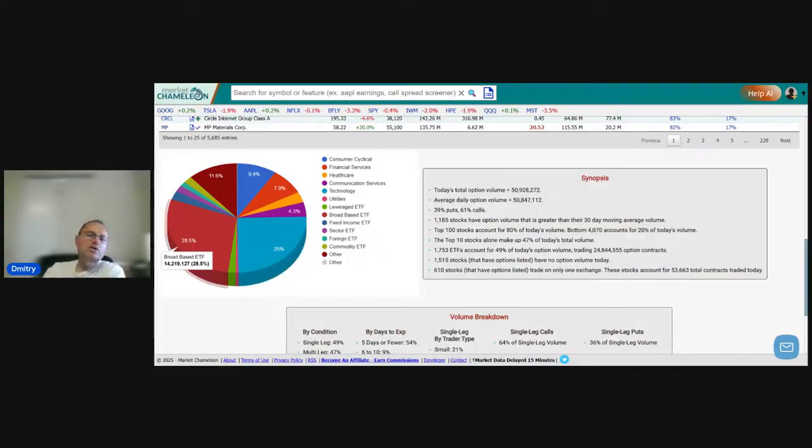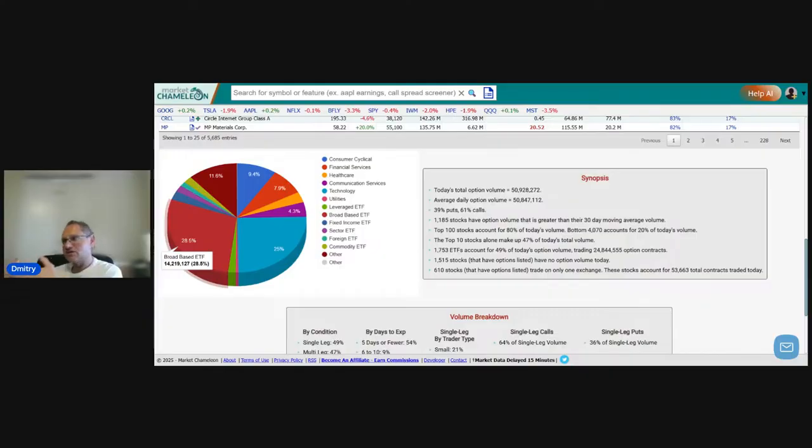We have 28.5% of the volume were broad-based ETFs. So broad-based ETF would be something like SPY, QQQ, IWM, which is an ETF, but not focused on a particular sector or industry.